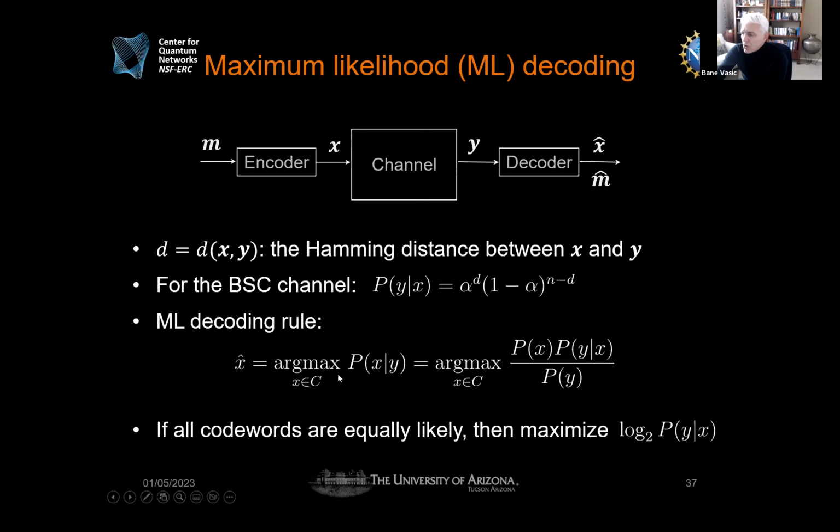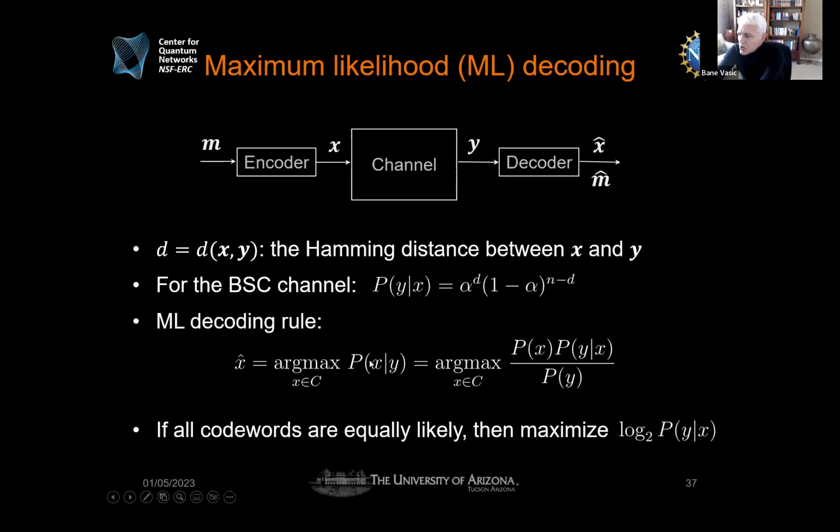The argument X that maximizes this P is the estimate of the vector, and this is what is called the maximum likelihood decoding rule, because it maximizes the likelihood of this code word.